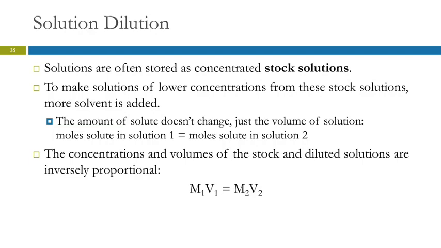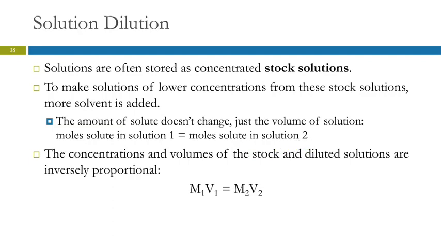All we're doing is adding water, and so we're making it less concentrated, because if you try to eat it straight out of the can, it's just way too sweet, right? You have to dilute it so you can drink it. When we take a stock solution and add more solvent to it, the amount of solute doesn't change. So the moles of solute in solution 1, the more concentrated, is equal to the moles of solute in solution 2. So only the volume changes.